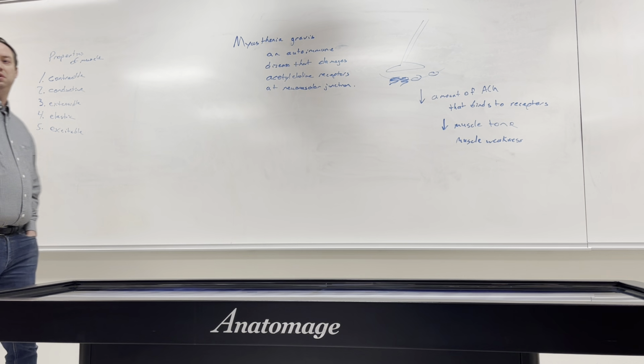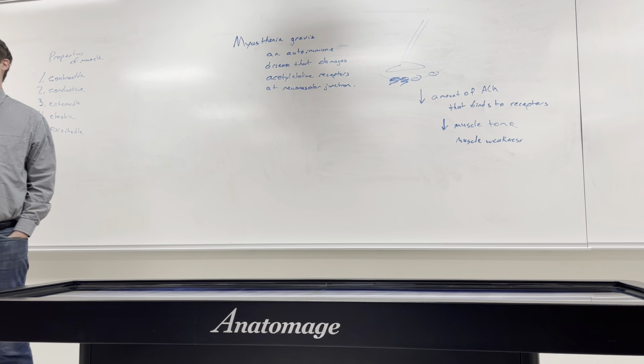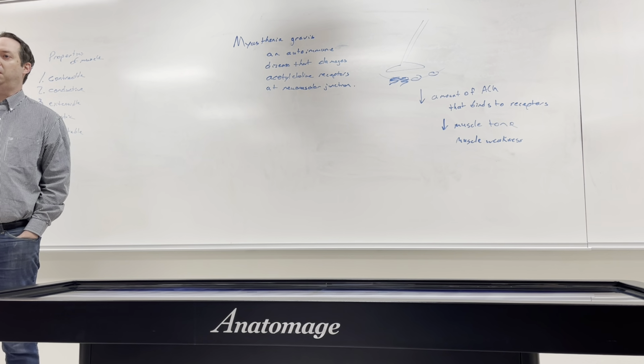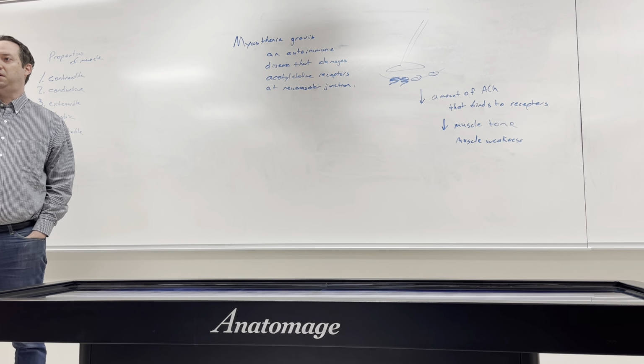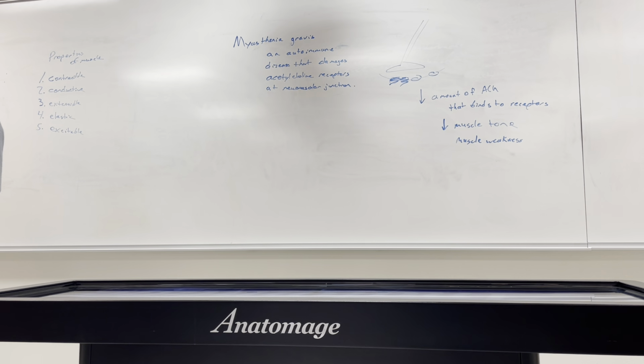We can't put those receptors back, right? I mean, the muscle might regenerate those, and you'll have periods of being symptomatic and asymptomatic with this, like you do with lots of autoimmune diseases, but we can treat the symptoms. And the way we treat the symptoms is, if there are fewer receptors, we can fight that by increasing the muscle tone.